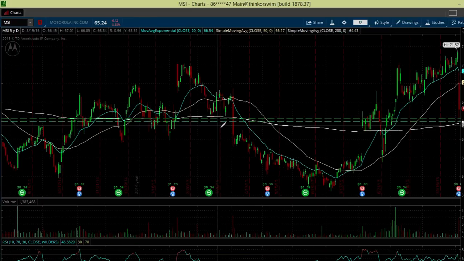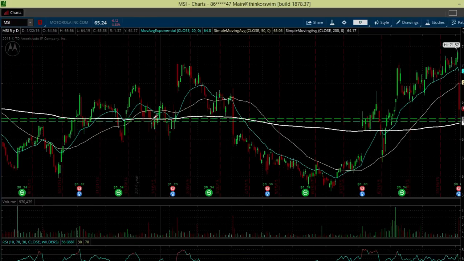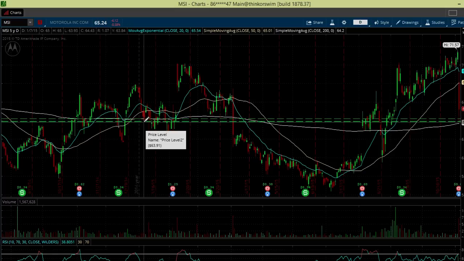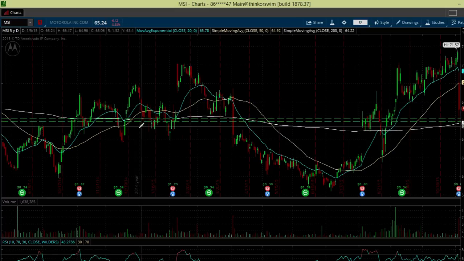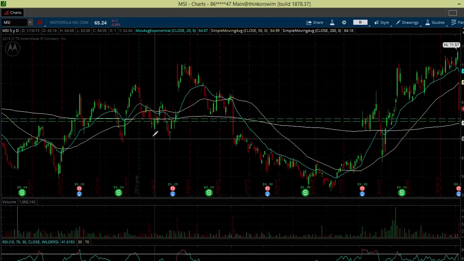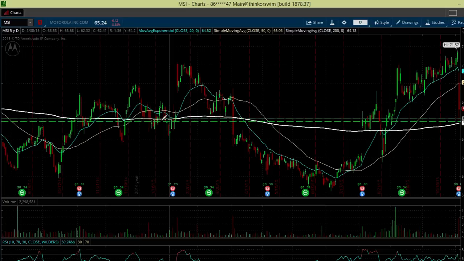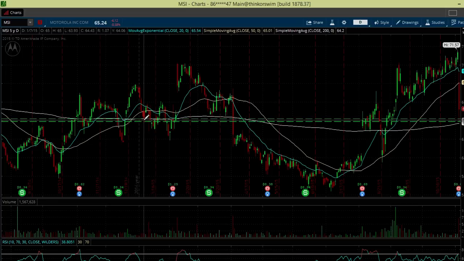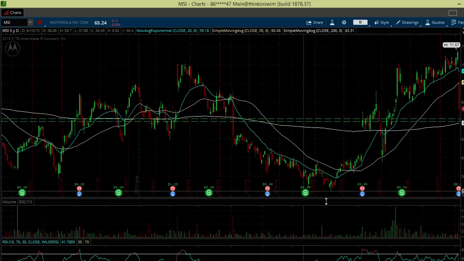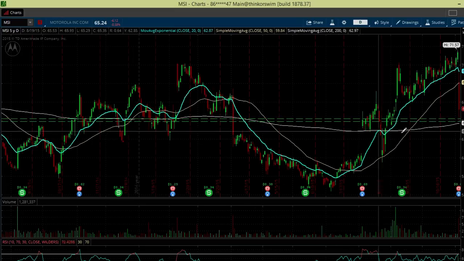And I found another one, I think right here, where this dipped down, where it washed out here, then it bounced up. So that was another level right here at 63.93. And I found another one further back at 63.98.